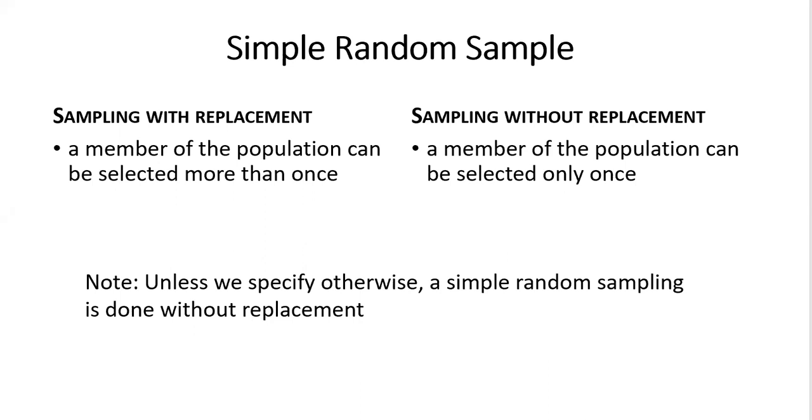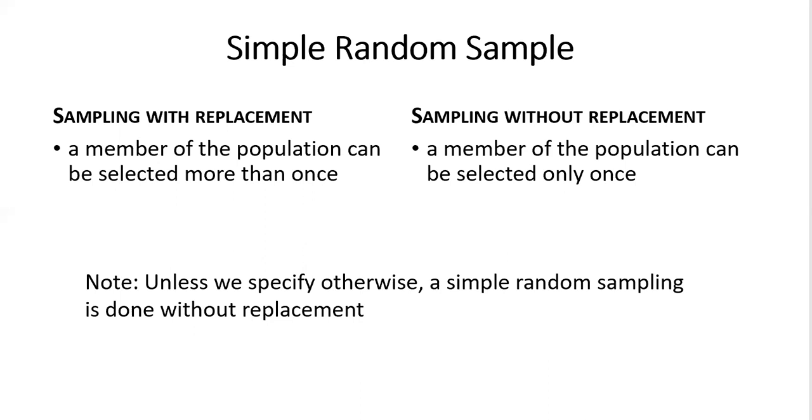Now, why is it important? Because the probability of the person selected will be altered slightly when sampling without replacement. To give you an example, if I have a class of 20 students and I'm selecting 5, when I pull the first piece of paper with a name, the chance of each person being selected is 1 out of 20.